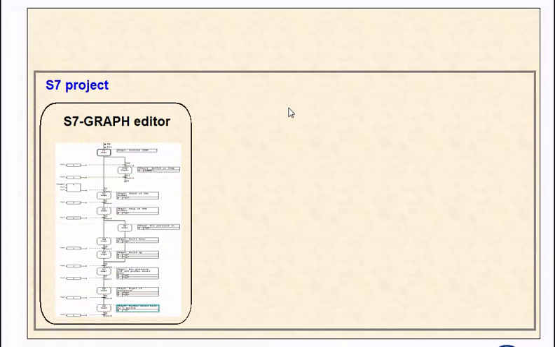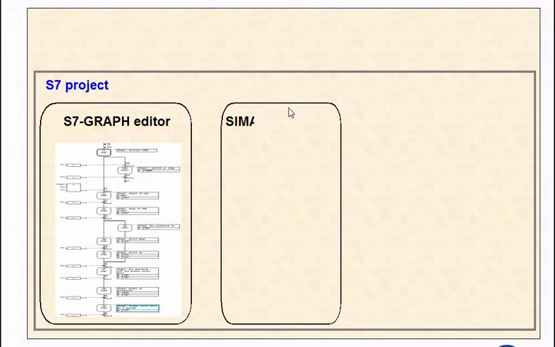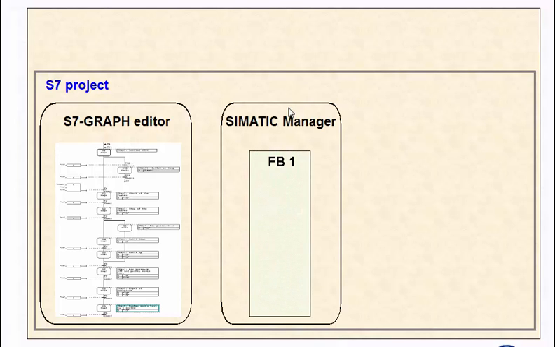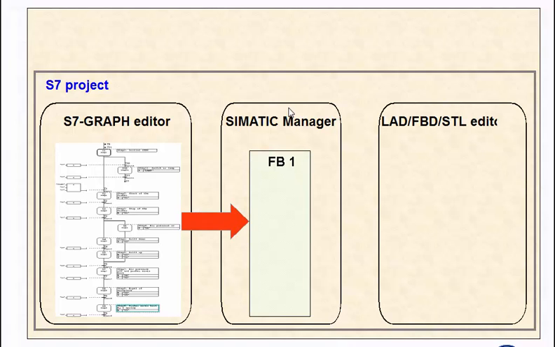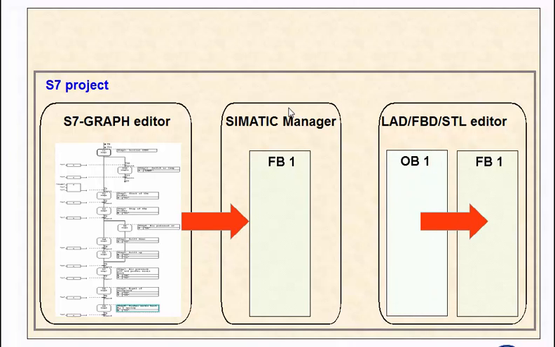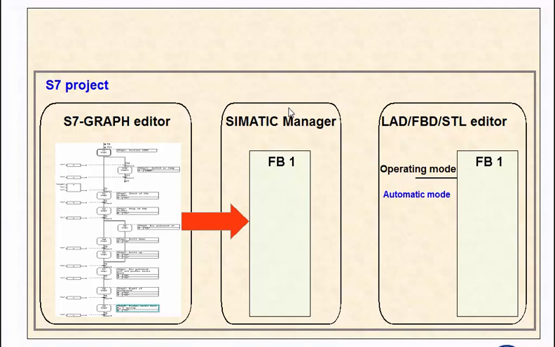How is the complete S7 Graph program integrated into the existing S7 project? After saving the sequence chain, a runnable function block is available in the block container of the Simatic Manager. For it to be applied within the S7 project, it must be called, for example, in the cyclically processed organization block OB1.